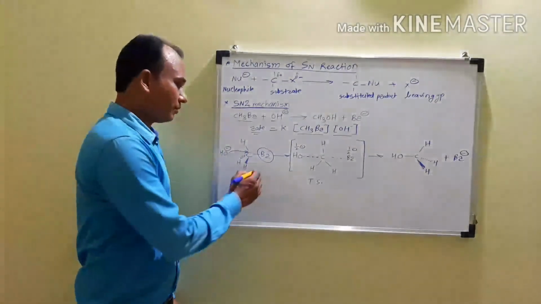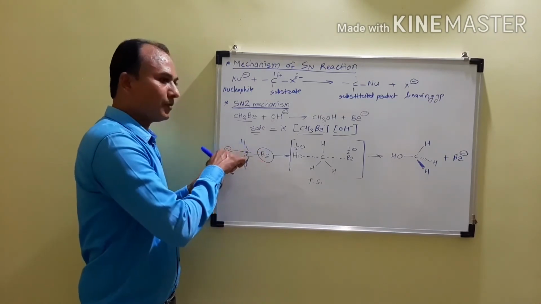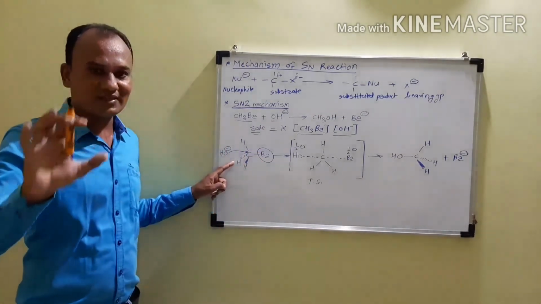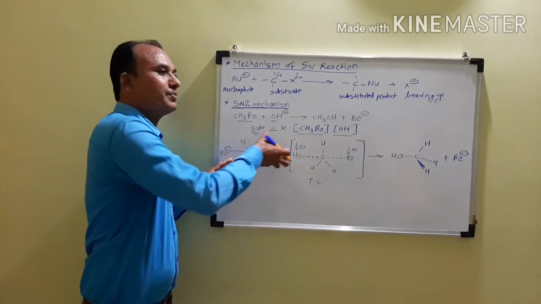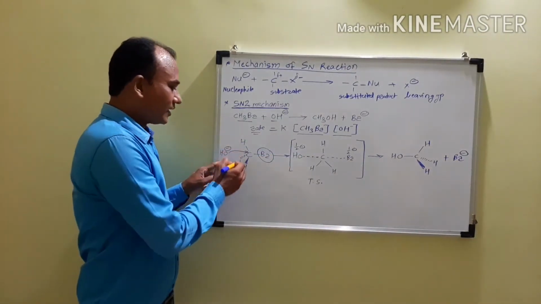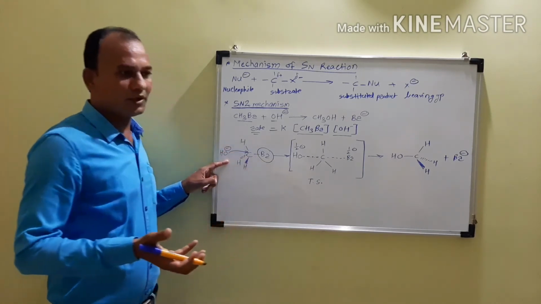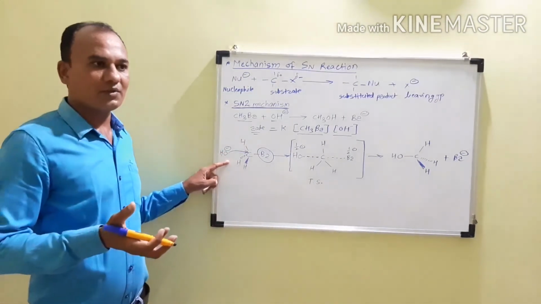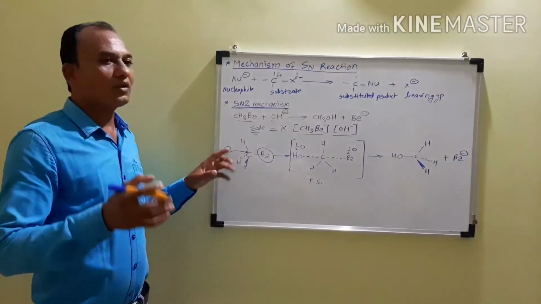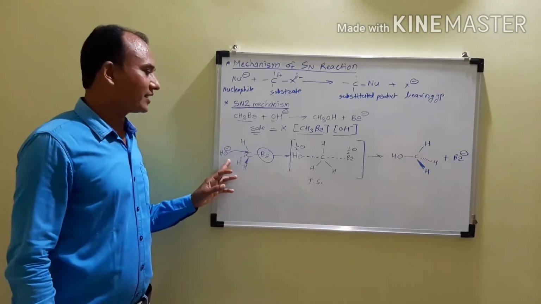Backside attack is possible, because when it attacks from the back side of the bromine, the steric hindrance is less, because the bulkier group is present on the opposite side. Second, the hydrogen carries a partial positive charge, so there will be no repulsion between the same charges, and therefore SN2 reactions always favor the backside attack.